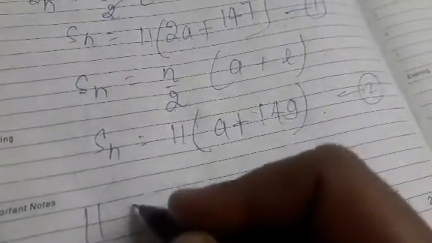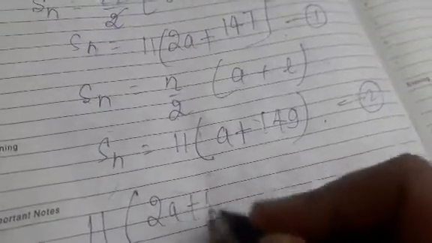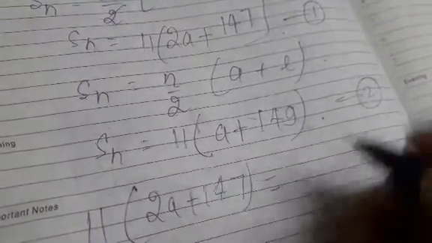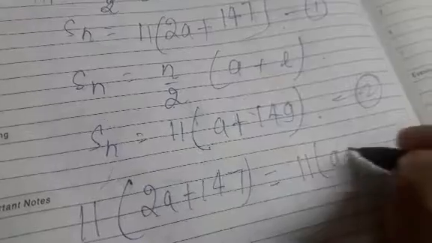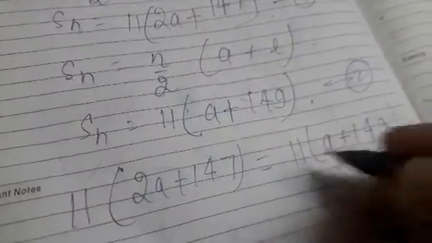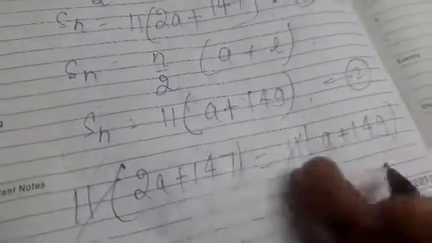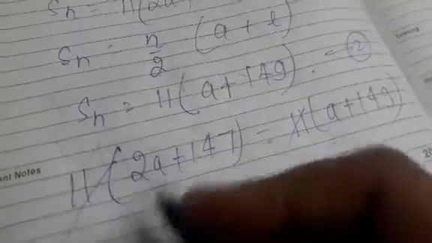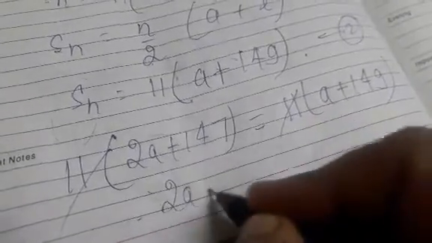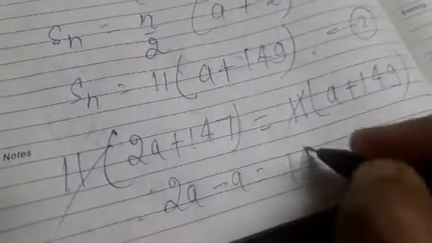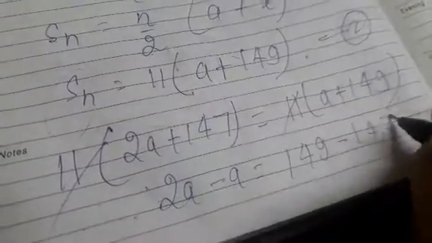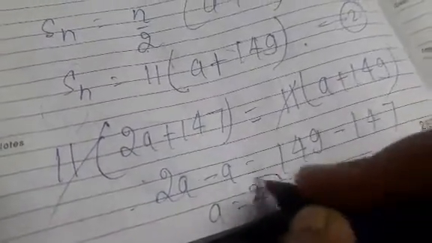So we will equate them. 11 into 2a plus 147 is equal to 11 into a plus 149. 11 and 11 will cancel, because if I shift it here, it will come in the denominator. So therefore 2a minus a is equal to 149 minus 147. A will be equal to 2.